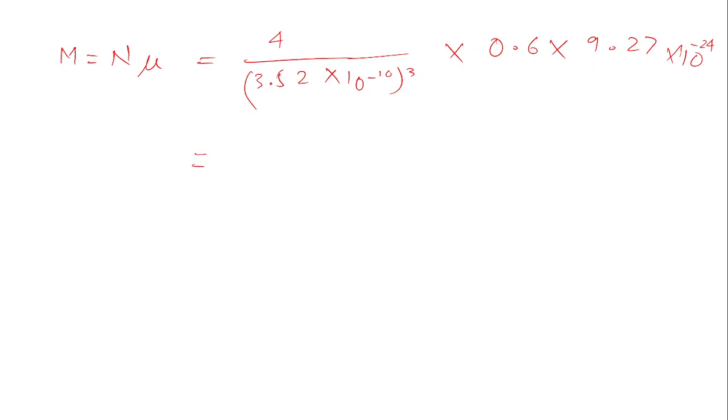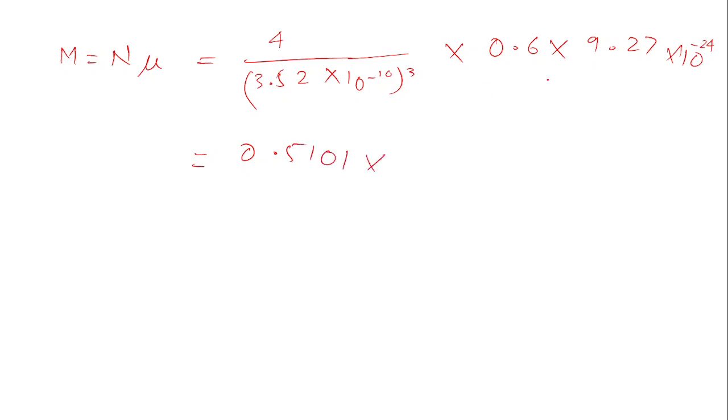When we do this calculation, it will be 4 times 0.6 times 9.27 divided by 3.52 cubed.